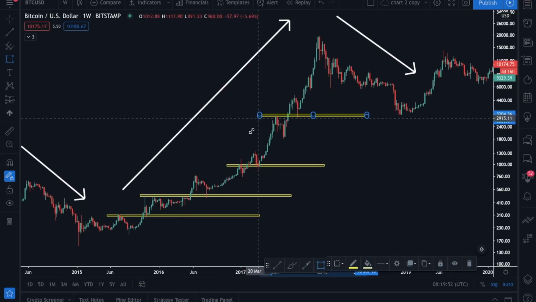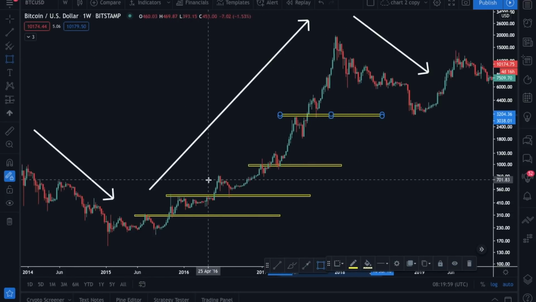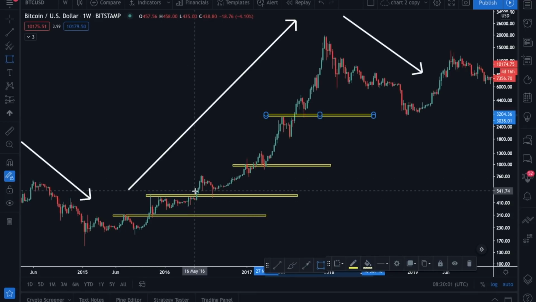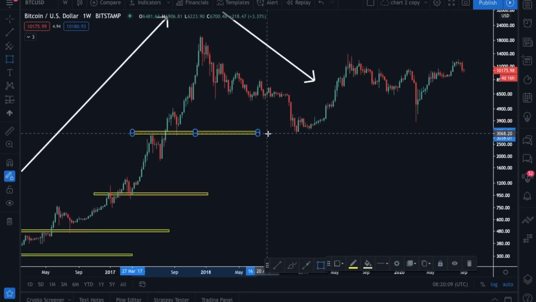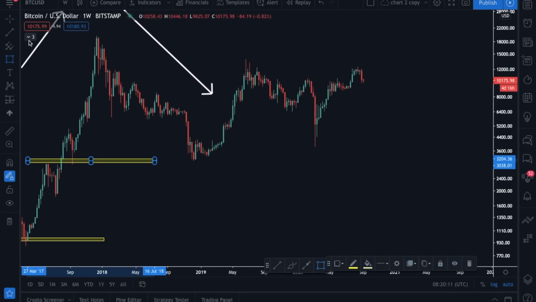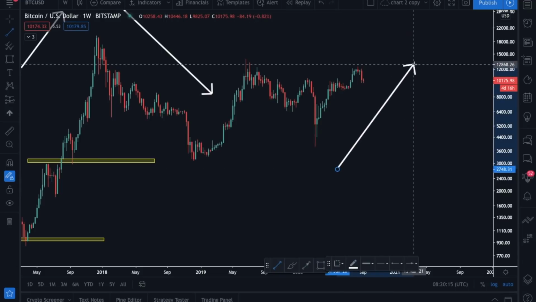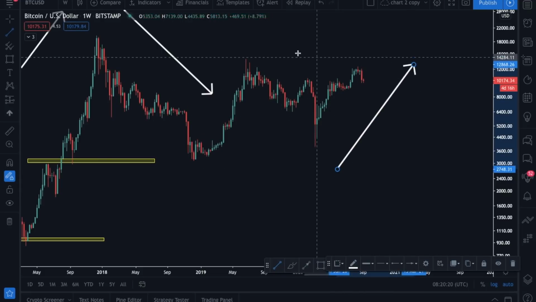In an uptrend, when the market is heading to the upside, price usually after breaking the key level of resistance or key level line, comes back to retest this level and then moves further to the upside. And this is exactly what we are seeing right now, because also if you look at this scenario here, this is also pointing out that the price of Bitcoin, the trend is also clearly heading to the upside.